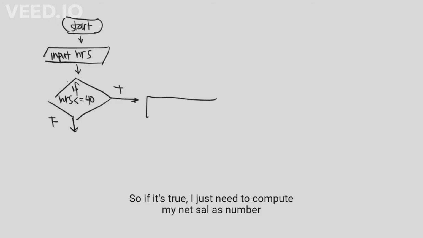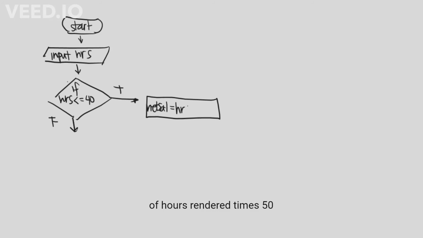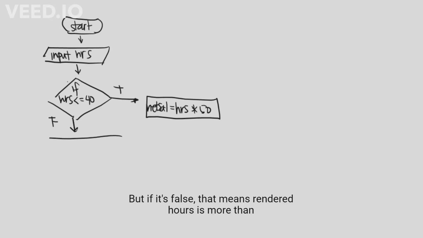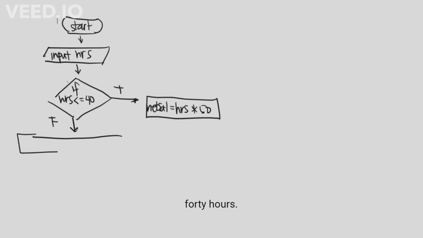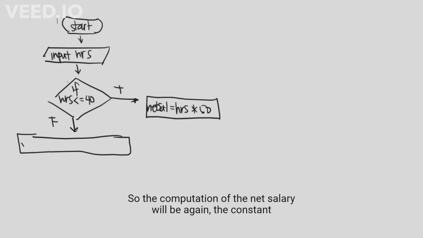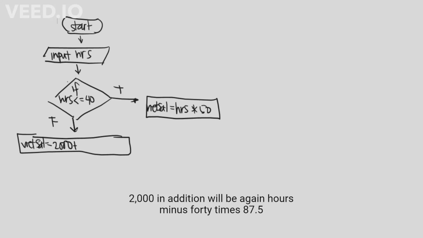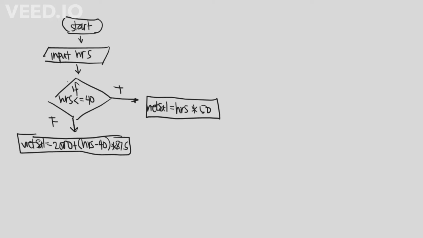If it's true, I just need to compute my net sal as number of hours rendered times 50. But if it's false, that means rendered hours is more than 40 hours. So the computation of the net salary will be, again, the constant 2,000, in addition to hours minus 40 times 87.5.